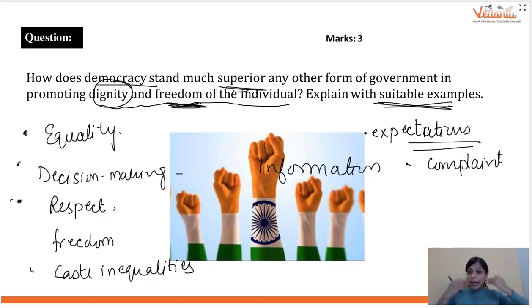Because you can complain, because you have freedom, equality, dignity and respect, you take part. Imagine it's your own household: how can you ensure your parents are giving you freedom? Even when they order something, they take you into account and ask what you want.